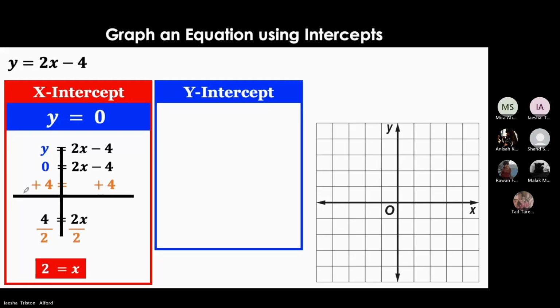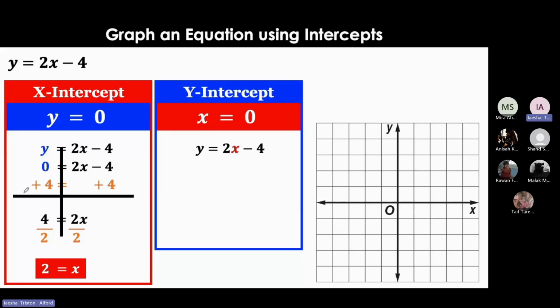Then you do the y-intercept. Cross the y-axis, and x equals 0. So you take the same equation, but this time you're going to make the x 0. Put parentheses and 0. What's positive 2 multiplied by 0? 0.